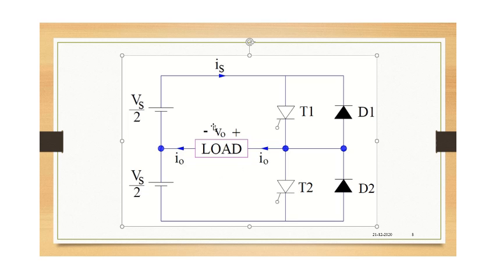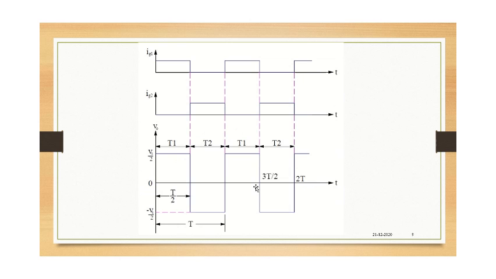So when you observe the output across the load, you will be getting an alternating output from the DC input what you have applied here. Okay, let us understand that in the waveform here, as it is shown. So IG1 and IG2, I hope you are familiar.